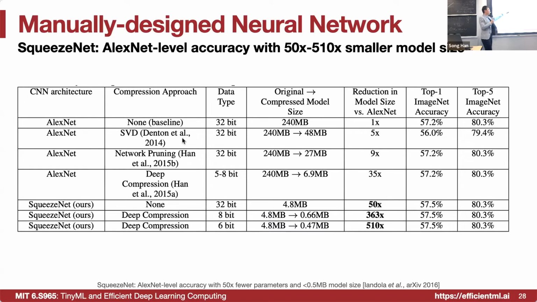So as we introduced before, we can reduce the model size from AlexNet's 40 megabytes all the way to only 0.47 megabytes, less than half a megabyte, which is pretty small. So at that time, when I tested the latency for this model, we found it actually not much faster than AlexNet, right? So what could be the reason?